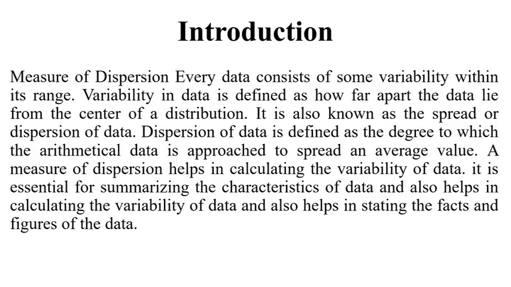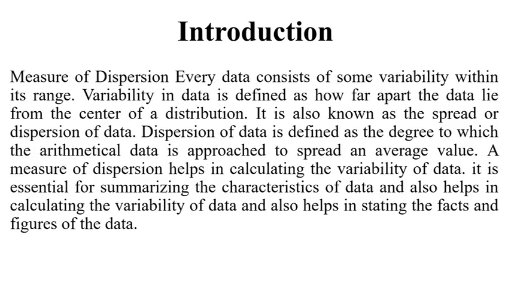Every data consists of some variability within its range. That is, variability in data is defined as how far apart the data lie from the center of the distribution. That is, how spread the data is from the center of the distribution.